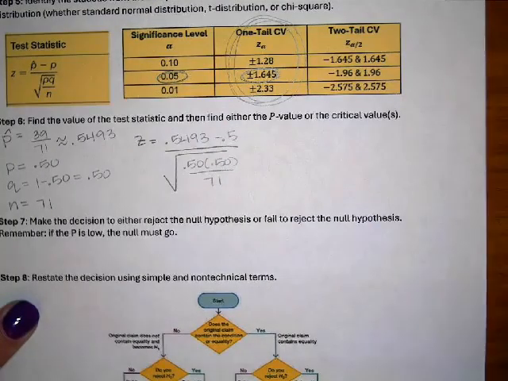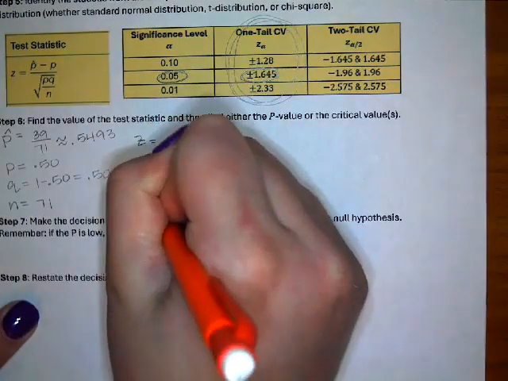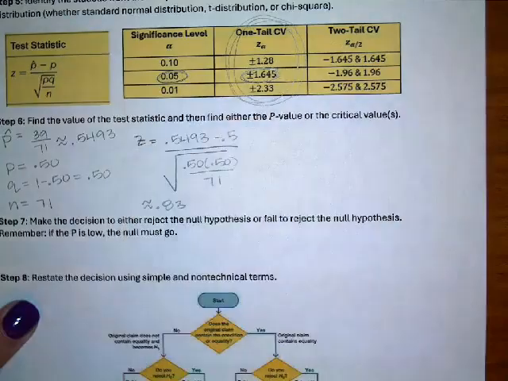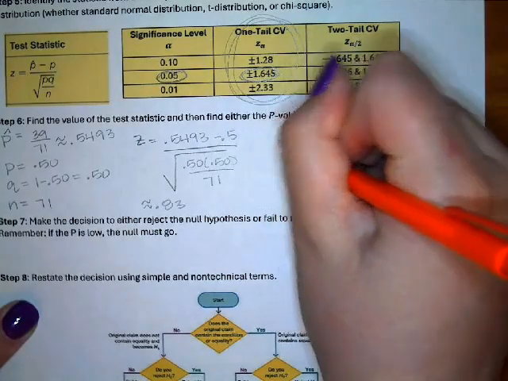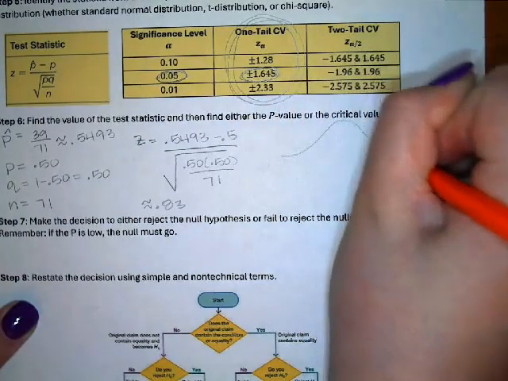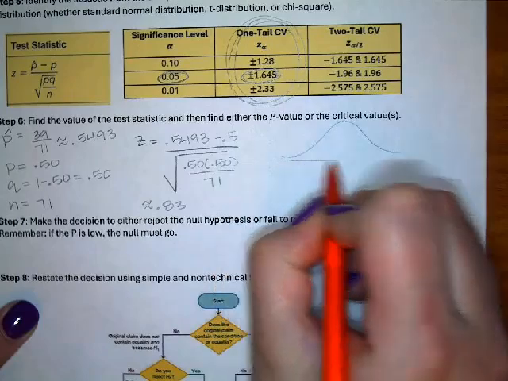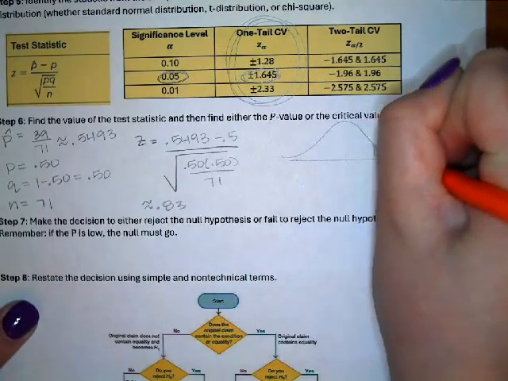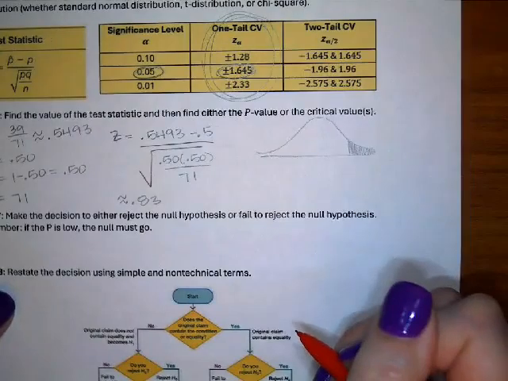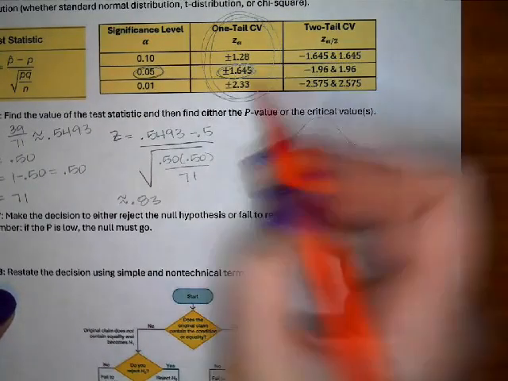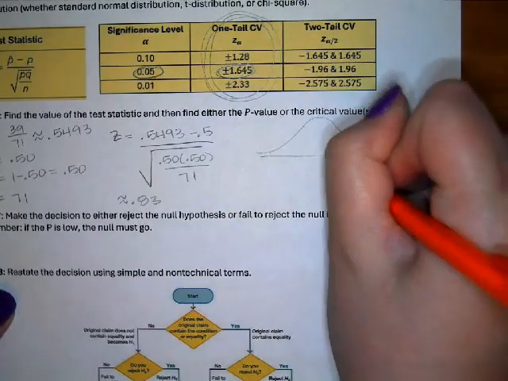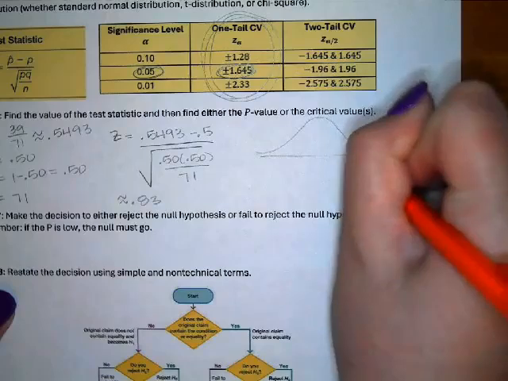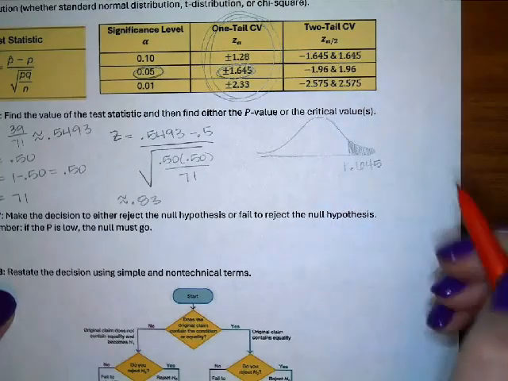Okay, I'm going to draw my standard normal distribution so I can put my critical value in. So here's the right tail rejection zone or rejection region. My critical value is 1.645, and then 0.83 is going to be somewhere in here.